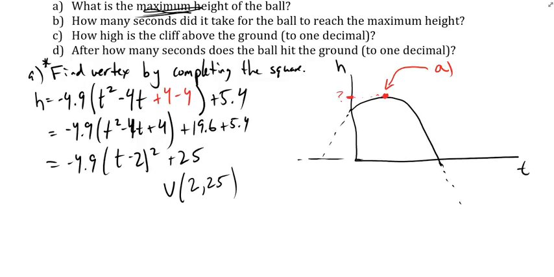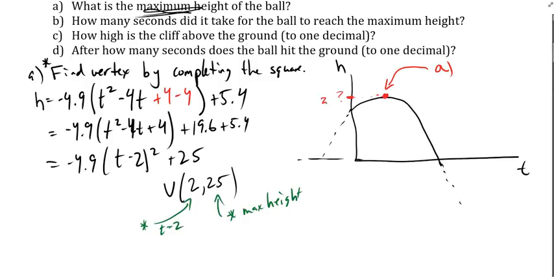So write out the vertex. This is the max height, the y value of the vertex, and this is the t value where the max height occurs. T equals 2 in this case.